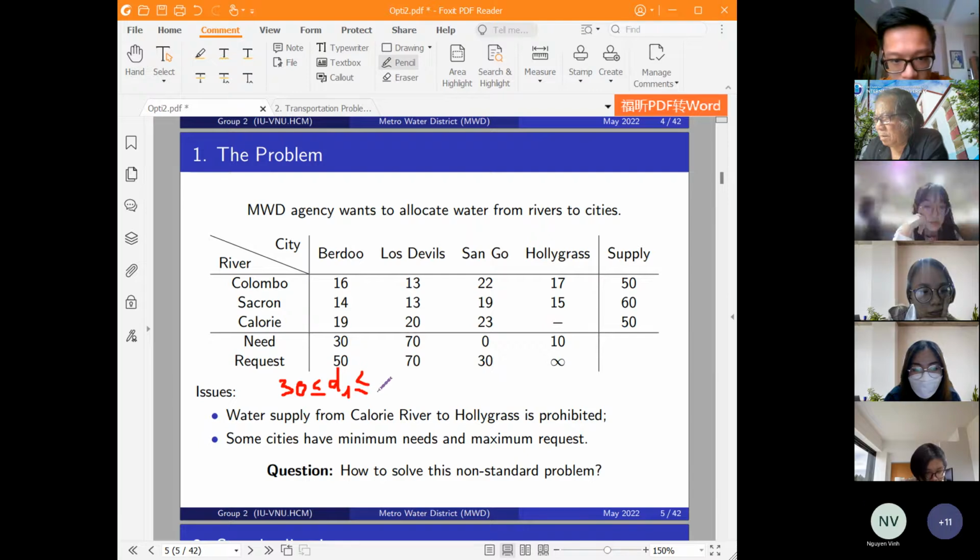I set D1 as the real amount of water that we allocate from the three rivers to Purdue after we solve the problem, and it must lie between 30 and 50 because they are the bounds provided in the problem. D2, D3, and D4 are for the other cities.